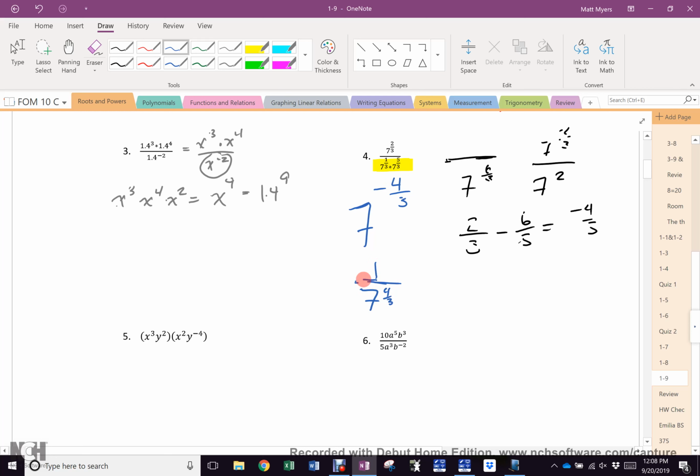Now, again, is that done? I'll change the instructions: give me this answer as a power. Is it done? Yes. What if I said, is there anything else you could do with this? We just learned it yesterday. That's 1 over what?